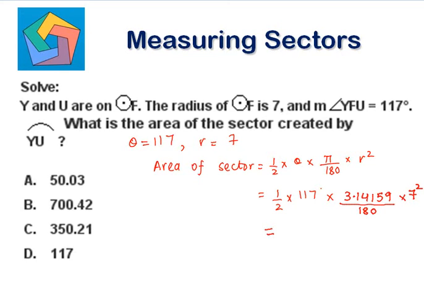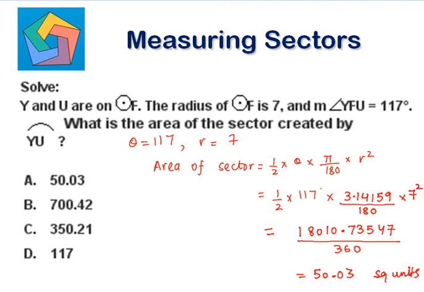This is equal to 18010.73547 divided by 360, which is equal to 50.03 square units. So A, 50.03, is the answer.